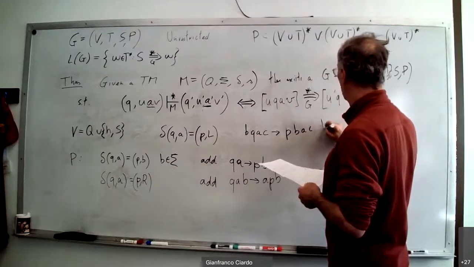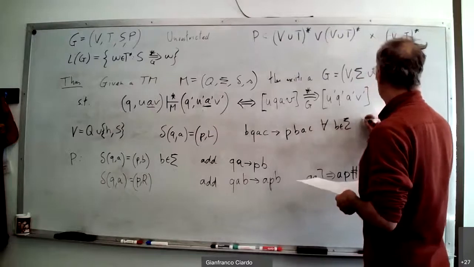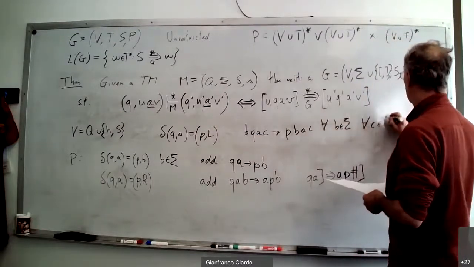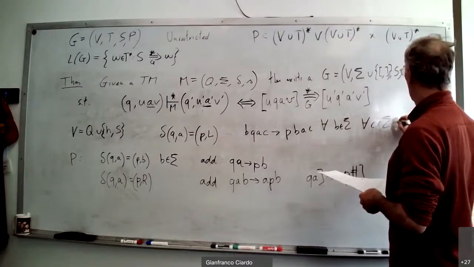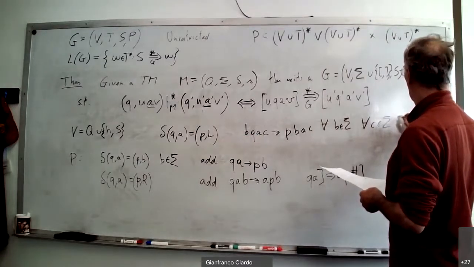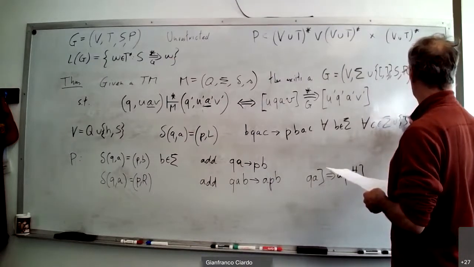And this is for all B in sigma and for all C in sigma, union the right bracket.